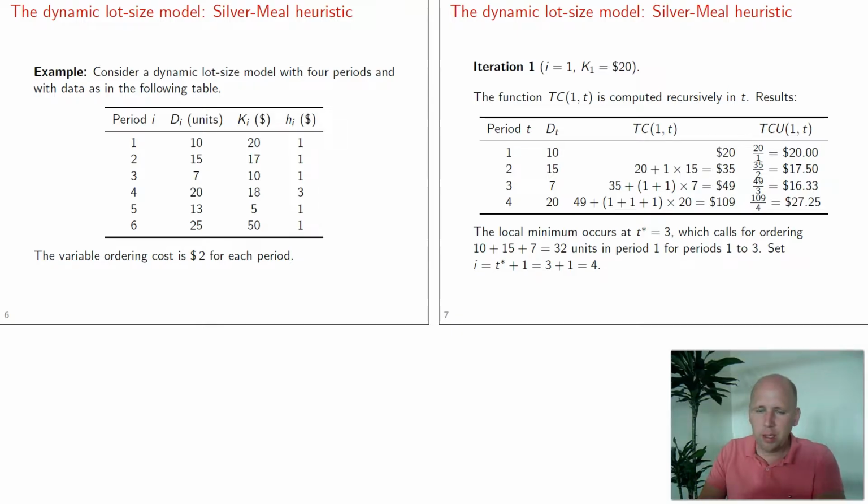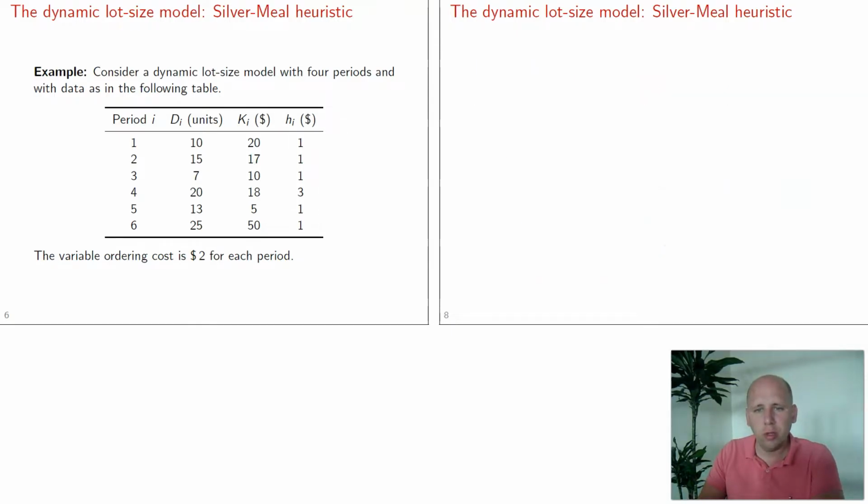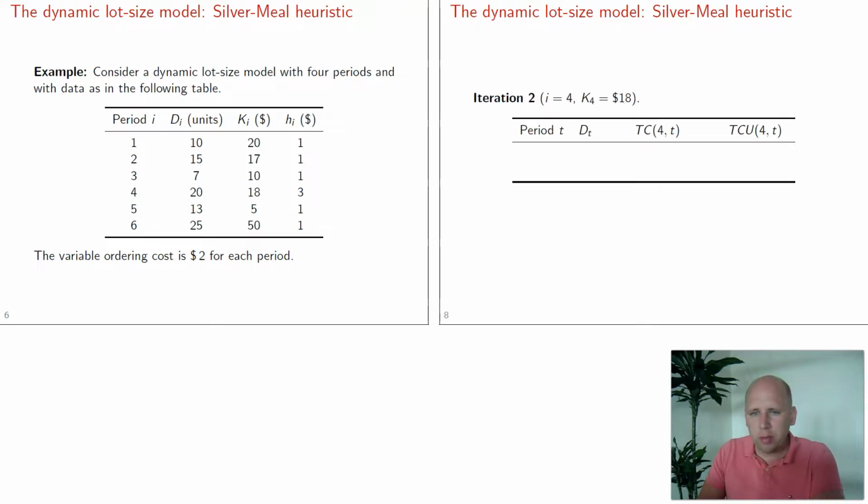And then the next iteration starts in period 4. So then we continue with iteration 2. We have a demand of 20 in that period, and we have a setup cost of 18. And then the cost per period is 18. We also see over here that if we store something at the end of period 4, that's quite expensive.